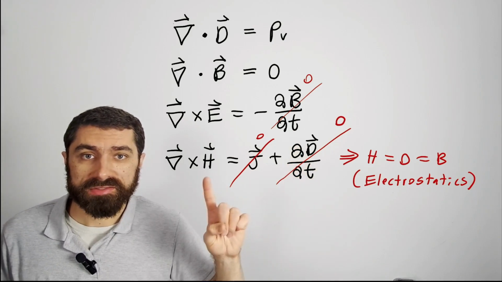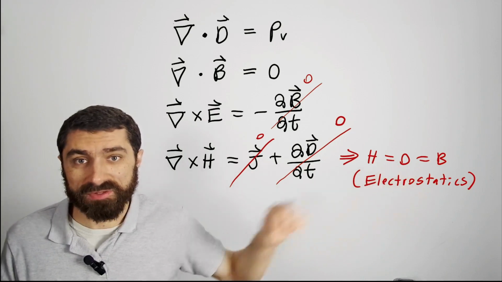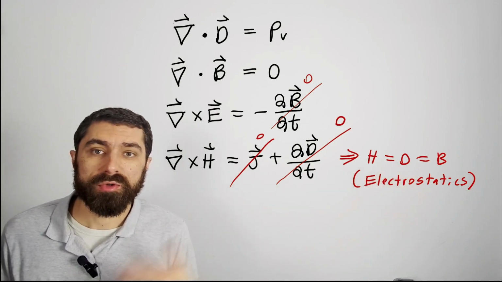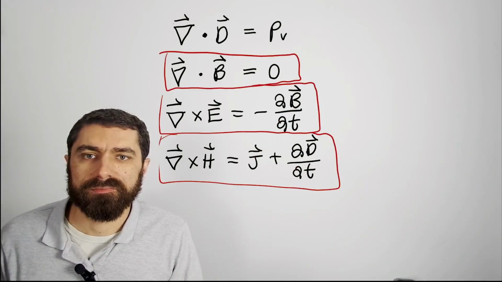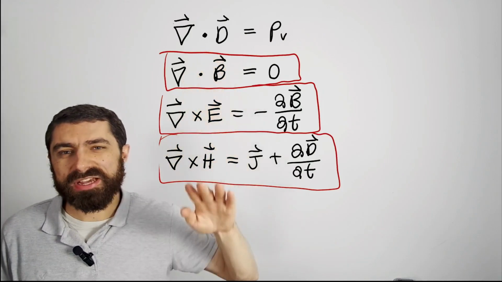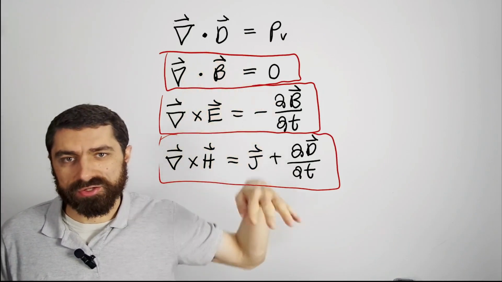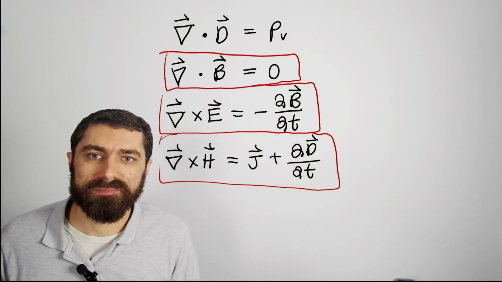And so this means that your H field is equal to 0, which also means your B field is equal to 0, which is why we haven't discussed magnetic fields up until now. So in these next videos I'm going to make, we're going to be focusing on really understanding what these equations mean, the ones that have the magnetic field in them.